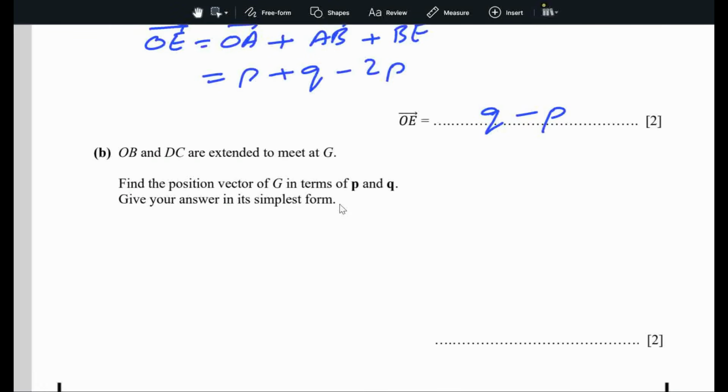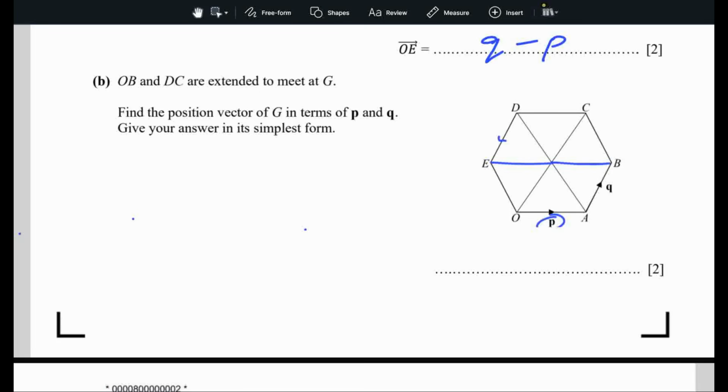Let's move to the B part. For the B part, we need the diagram. OB and DC are extended to meet at G. This one is OB, and DC.